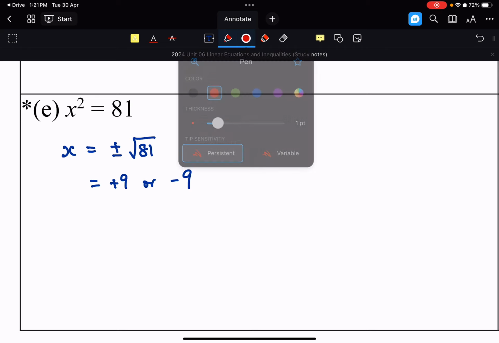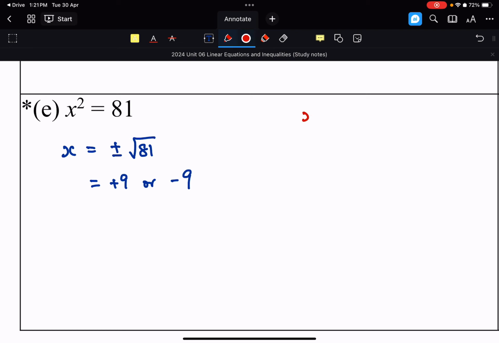Alternatively, we could also do something like this. x squared minus 81 equals 0. So x squared minus 9 squared equals 0. That means (x plus 9)(x minus 9) equals 0.